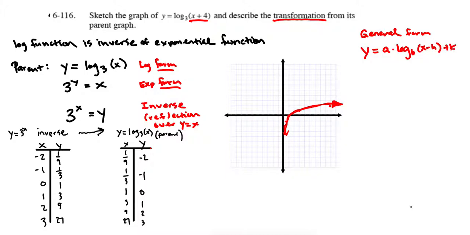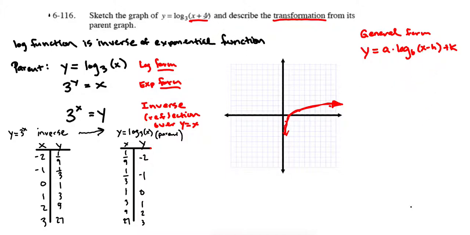Just like with all of our functions, it follows the same rules. (h, k) is going to be a locator point, and h affects the horizontal shift, how far left and right. It's going to translate it left and right along the x-axis. K will translate it up and down the y-axis.